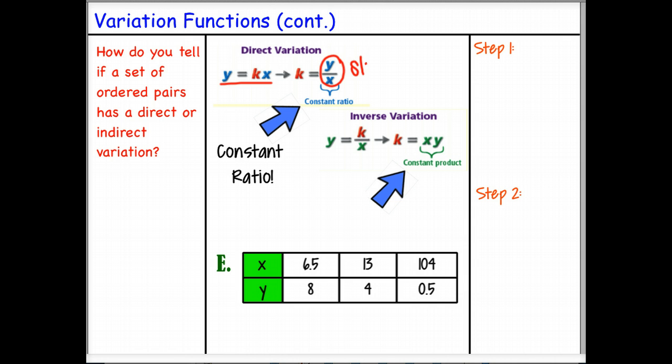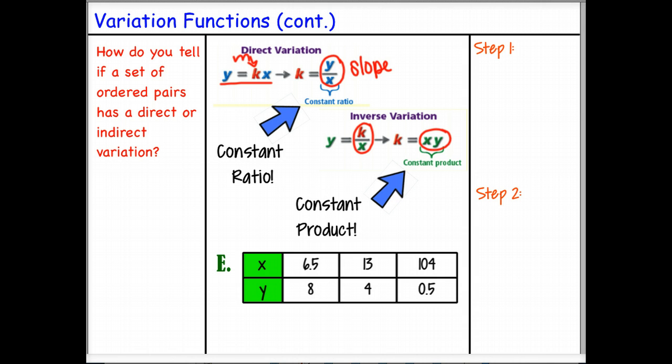This is like the slope of your line, which is why when you see y equals k times x, in the past you've known this as m. On the other hand, when you have an inverse variation of y equals k divided by x, when you solve for k, you get x times y, which is going to be a constant product.